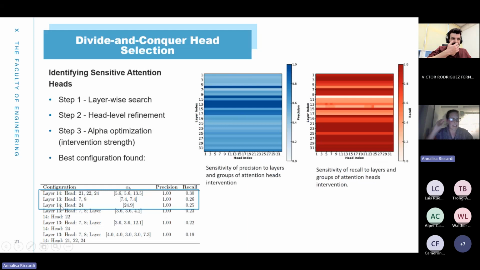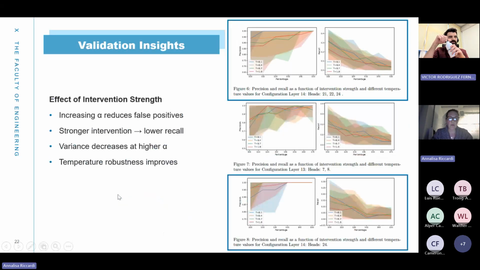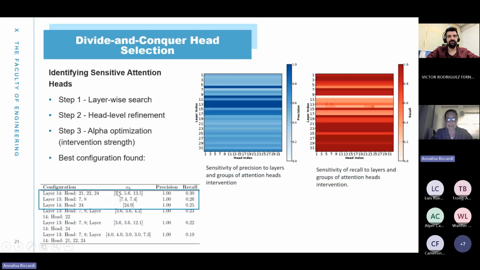Again, the middle layers 13, 14, with the corresponding heads are the ones, let's say, the top 3 ranking in our search, with the following strengths that are outlined here in the vectors.